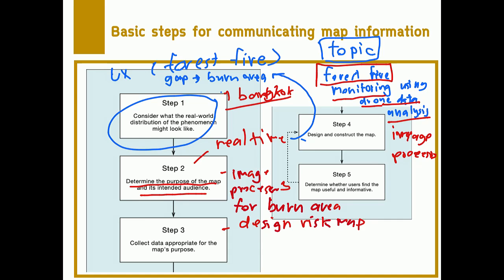So the objective or the purpose can express the output. Right. The first one, image processing technique for burn area. Of course, you will get the burn area on the map. So in this case, we will know exactly where it happened or where we found the forest fire area, right? And after that, design a risk map or risk web map.